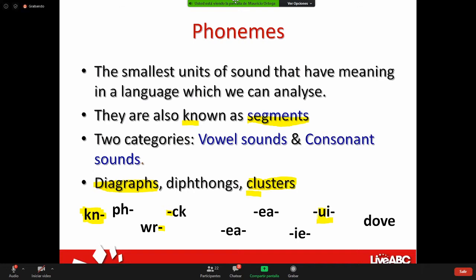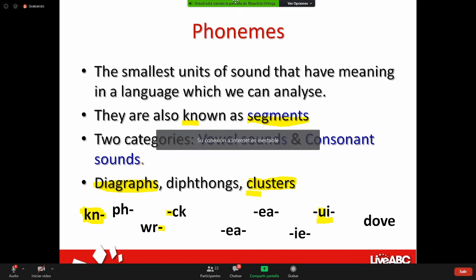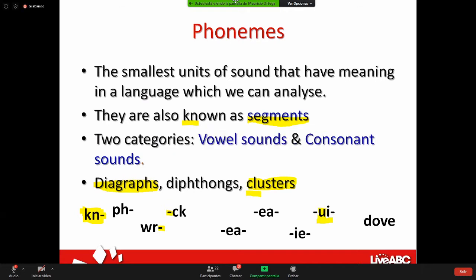So the next time they see that, they can read it, and they are going to start improving their fluency as well, because this would be part of the idea of working with phonology, phonemics, phonics, and so on.